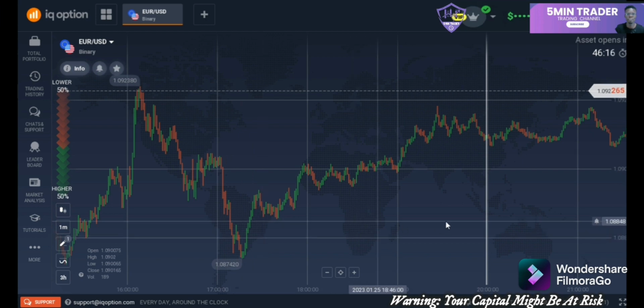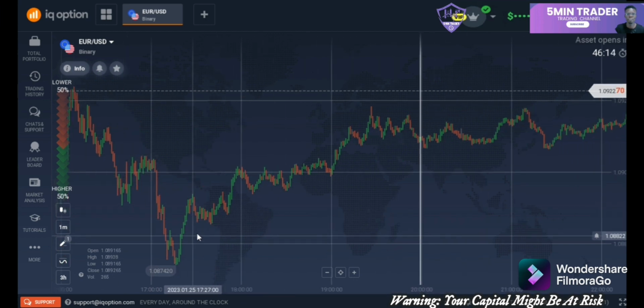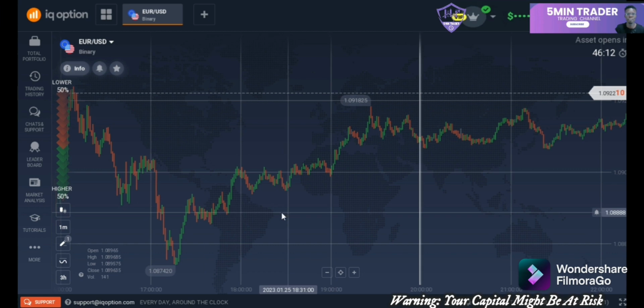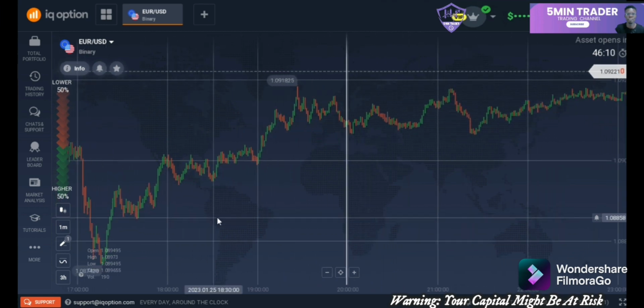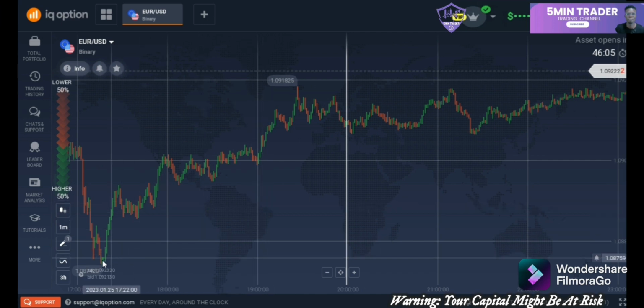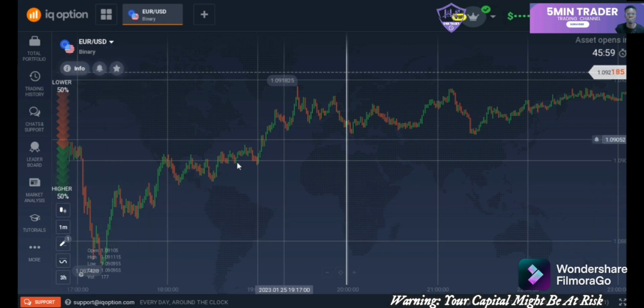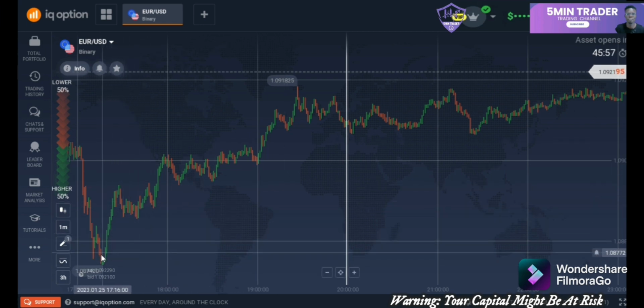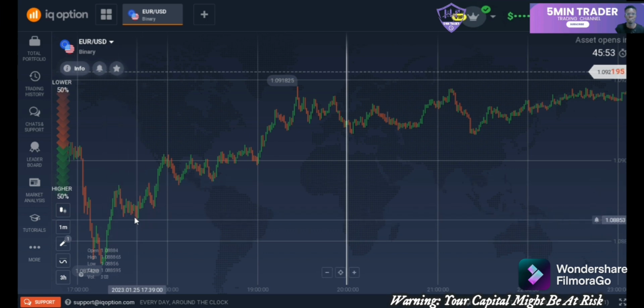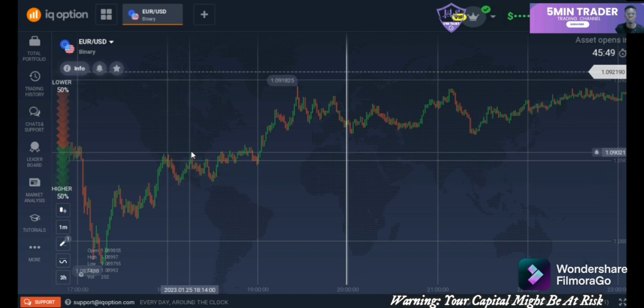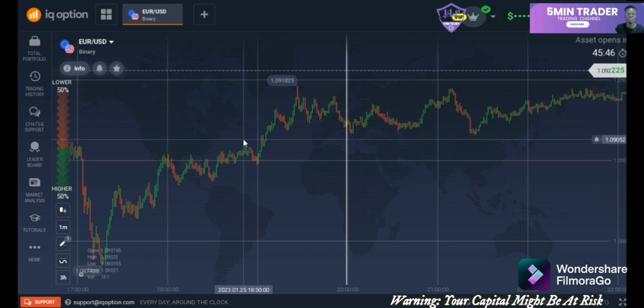Now what will you consider this to be? This for me will be an uptrend. Why? Because you can see that it is coming from the lower point of the chart. This is a low, this is a high, this is a higher low, this is a higher high, this is a higher low, this is a higher high, this is a higher low, this is a higher high.